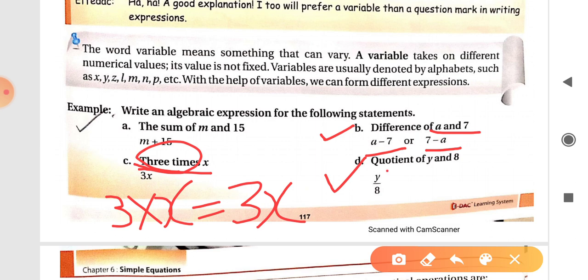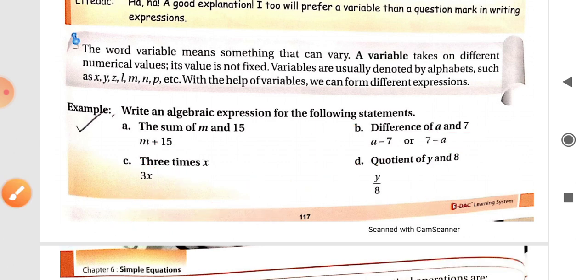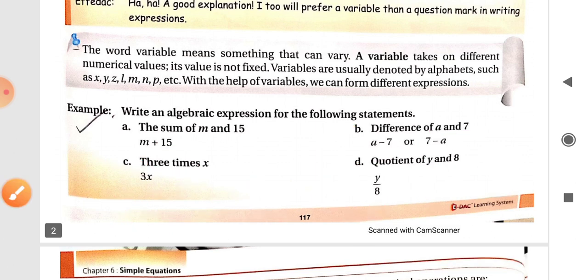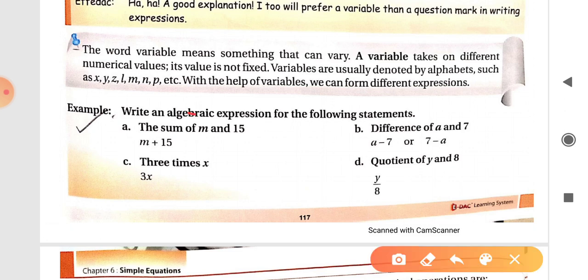Next example is quotient of y and 8. Quotient means division. Division of y and 8. We can write it y over 8 or we can also write it y divide 8. Both are equal. This is an algebraic expression. We have written an algebraic expression by using the statements. Statements are given and we have formed an algebraic expression.